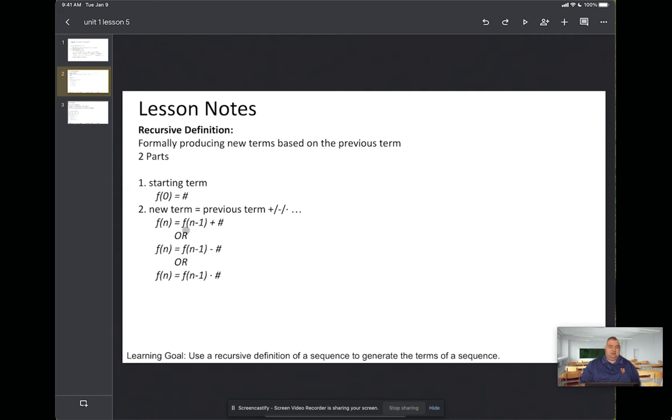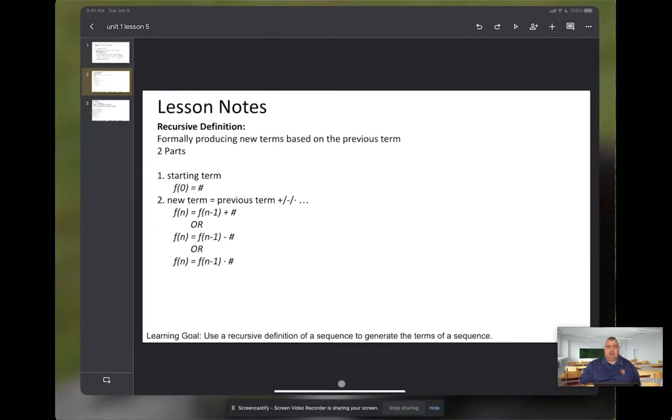And you can see this is how we represent it: f of n is going to be the mathematical representation or the mathematical symbol for the new term, and f of n minus 1 is going to be the mathematical representation of the previous term. So the way this reads is new term equals previous term plus a number, or minus a number, or times a number. I think it'll make more sense when I actually go through the examples.